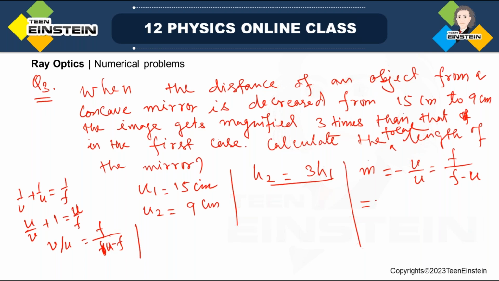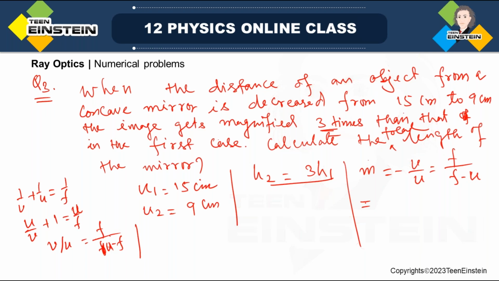Anyway, if we don't know the value, it may be virtual also. Yes, it will be virtual because it is magnified 3 times. 3 times magnification means it may be a virtual image also. We don't know. We'll just go with the sign of U itself.